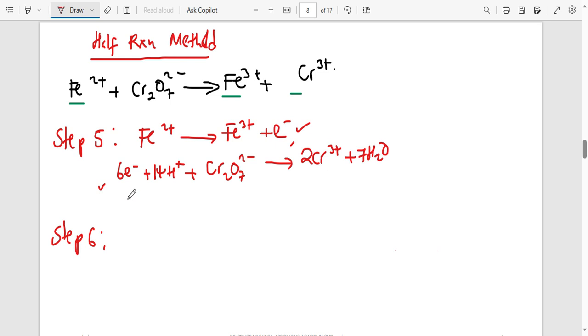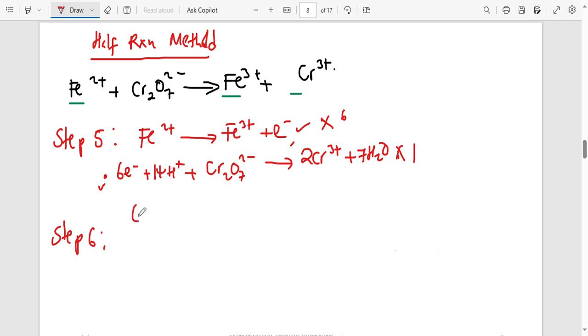Second reaction has got 6 electrons on the reactant. We need to balance the electrons. So what you do is that you swap the numbers. This 6, multiply this equation by 6. And then this one, multiply this equation by 1.